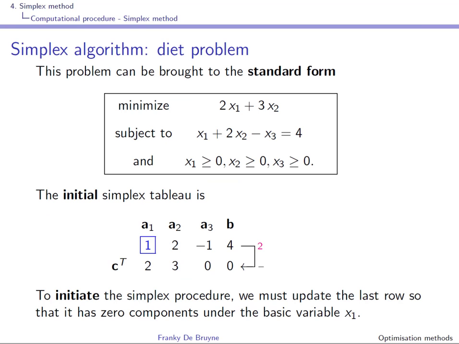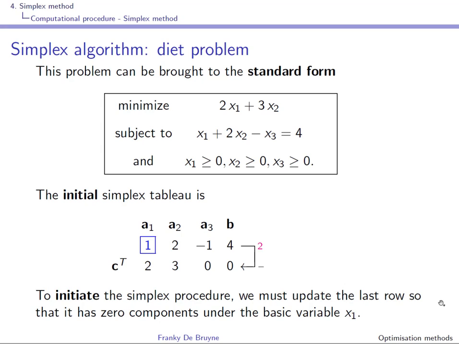So we start from the problem in standard form. We have the two operational variables x1 and x2, and x3 is a surplus variable that results from transforming the original problem into one that is in the standard form.